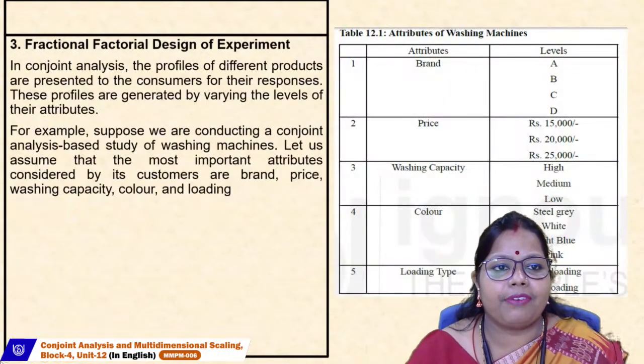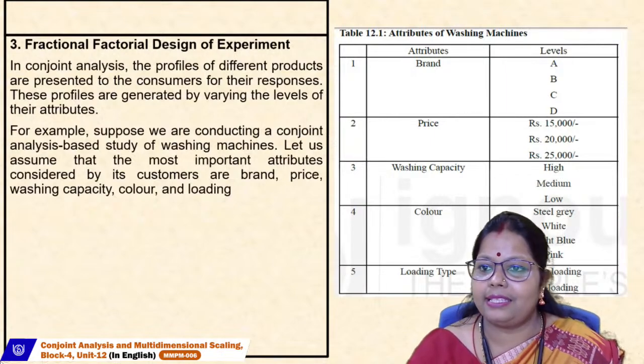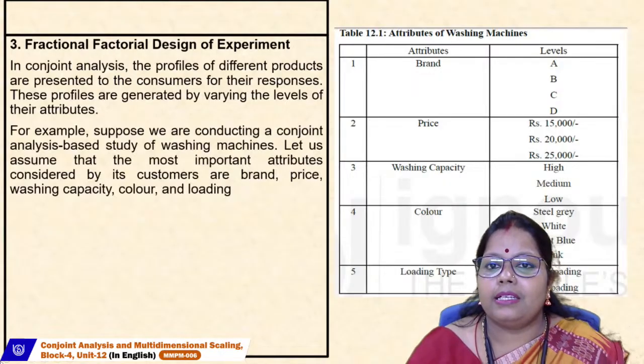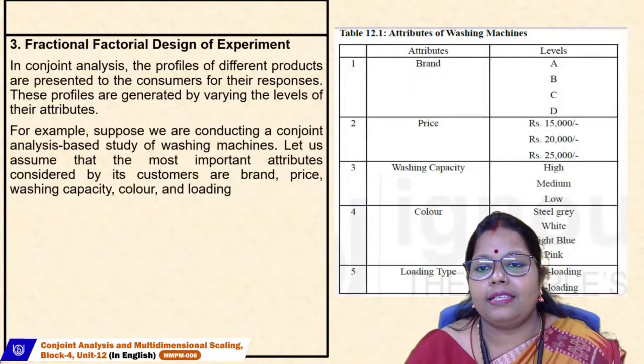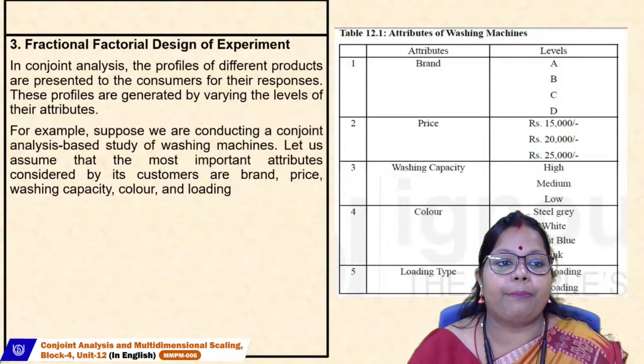We can see here the fractional factorial design of experiment cited on the right-hand side of the slide. The attributes we have identified are brand, price, washing capacity, color, and loading capacity.